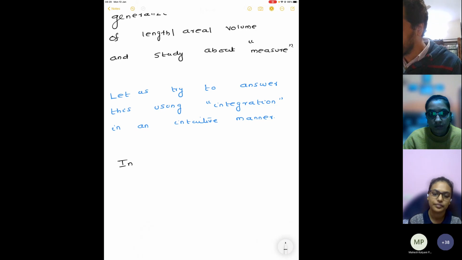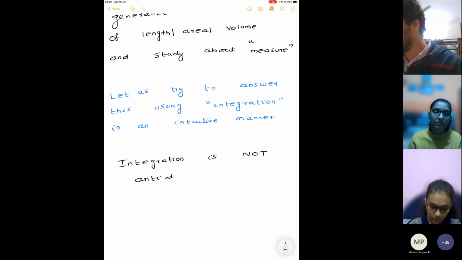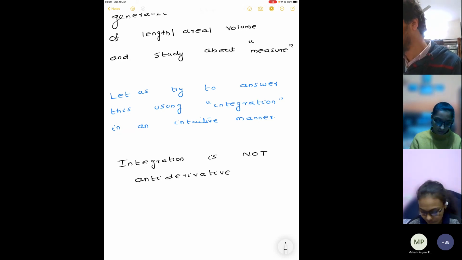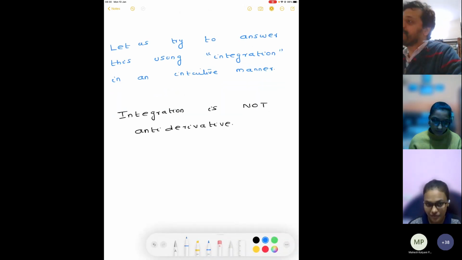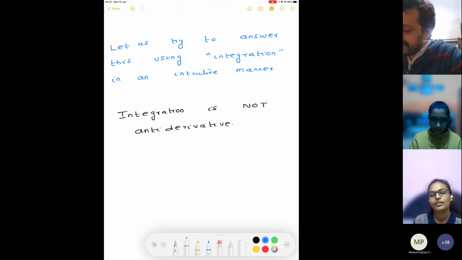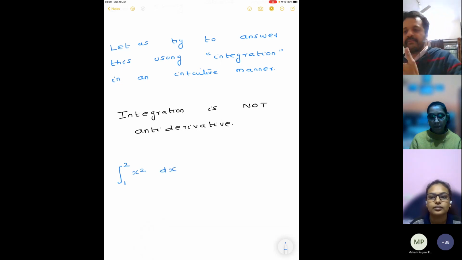Integration is not antiderivative. For instance, suppose we are asked to compute the integral from 1 to 2 of x square dx. What will we do?